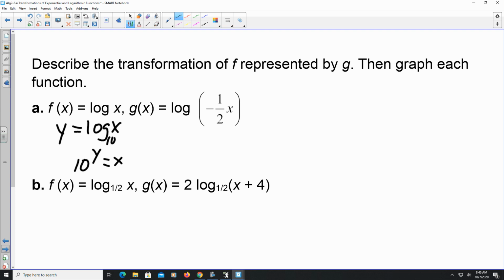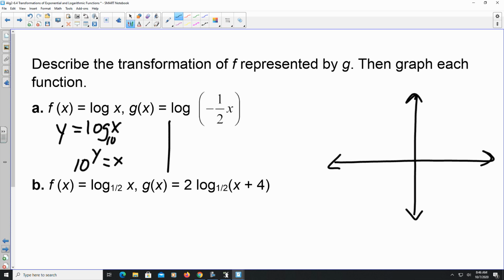So looking at this particular graph here, if I went -1, again making a table, I've got my x's and y's. So this is 0, -1, 0, 1. 10 to the -1 is 0.1.